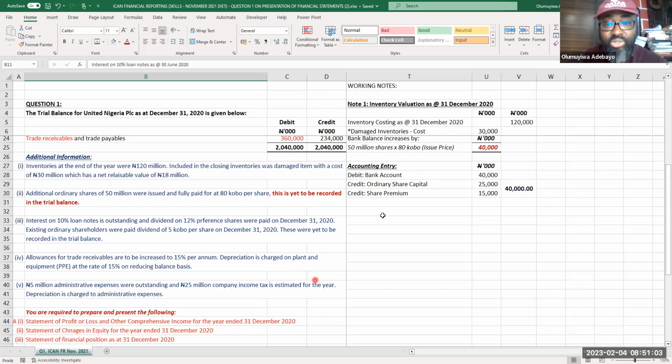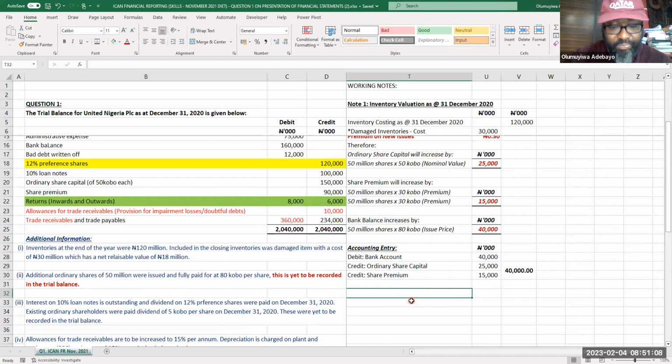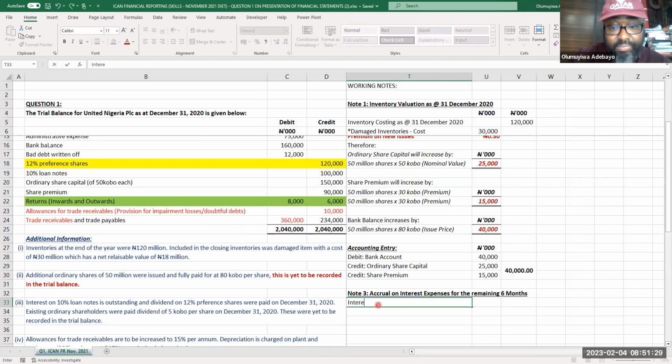Therefore, in this case, we come here to note 3, accrual of interest expenses for the remaining 6 months. Now, what is the interest rate?